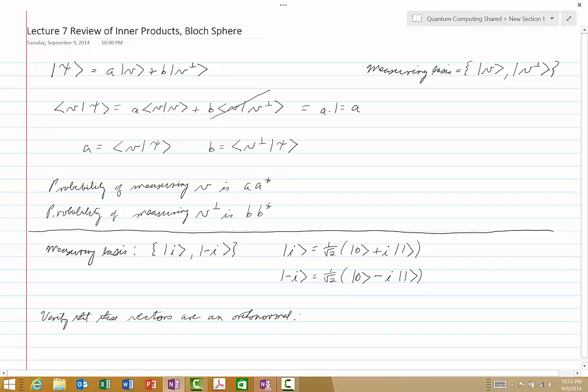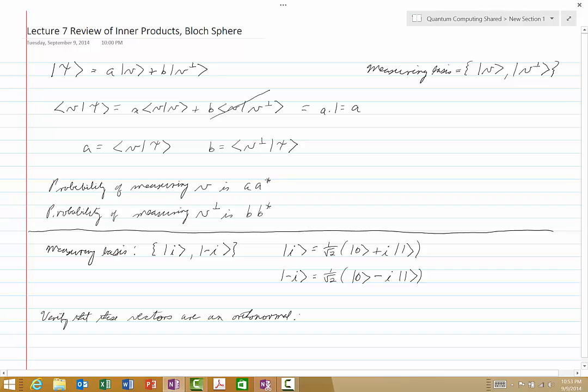And I really strongly encourage you to stop the video now and try to show that these vectors both have unit length and that their inner product with each other is 0. If you can do that, actually probably the rest of this review is even unnecessary.